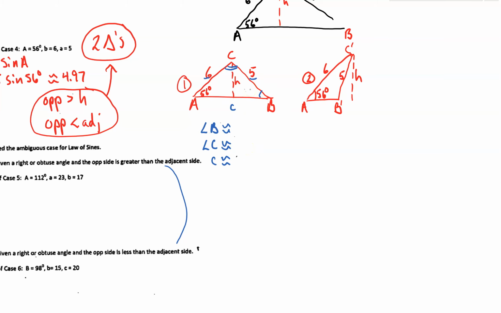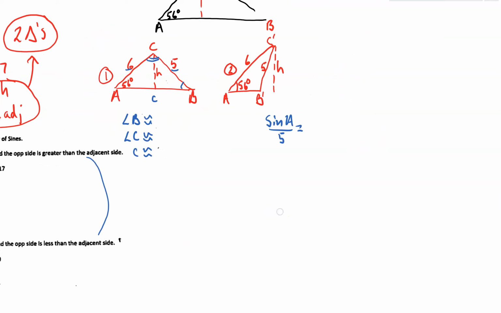Well, for this first one, we need length C. I have angle A and opposite, so I can say for the first one, sine of A over 5 is equal to, I'm just setting up the law of sines, so sine of B over 6.